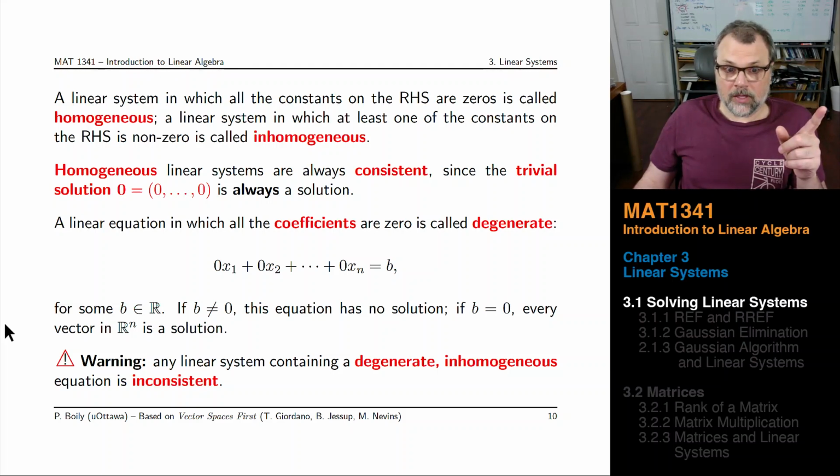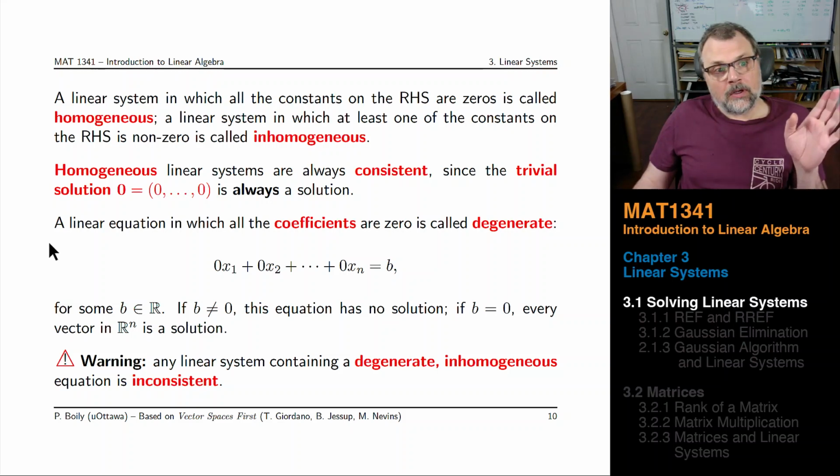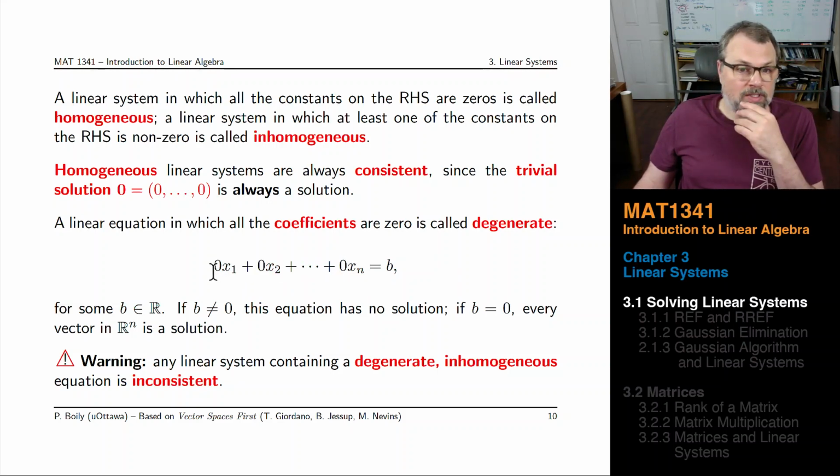If you have a system where all the coefficients on one side are 0, we'll say that the system is degenerate. You only need to have one equation where that's the case.